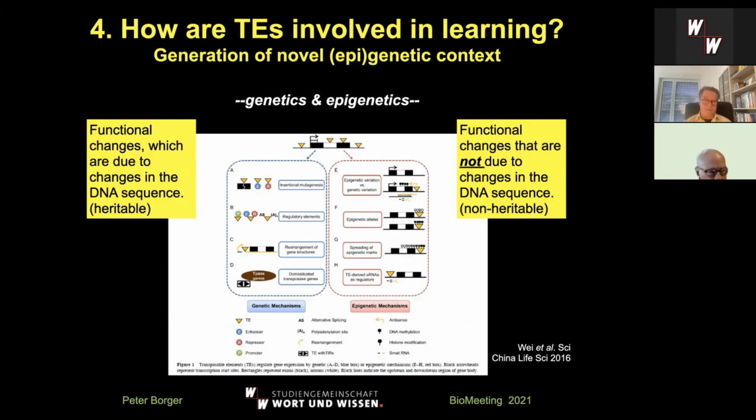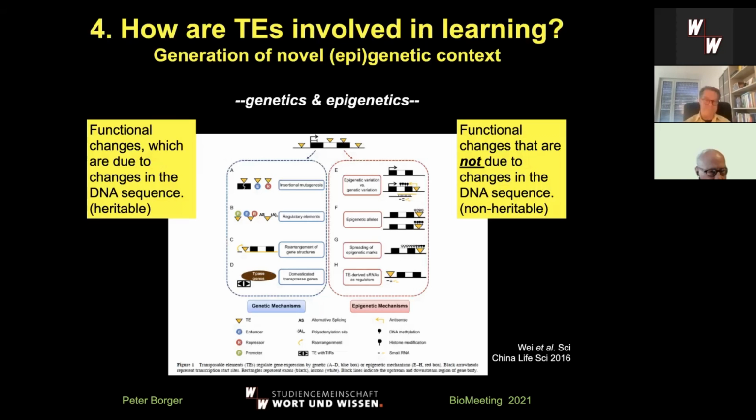Anyway, to sum it up a bit, these transposable elements generate novel epigenetic context. I will not go into detail here because I do not have a lot of time left. But what we see is that they affect genetic mechanisms by direct integration in the genome. And on the other hand, this direct integration in the genome is able to affect the epigenetic marks.